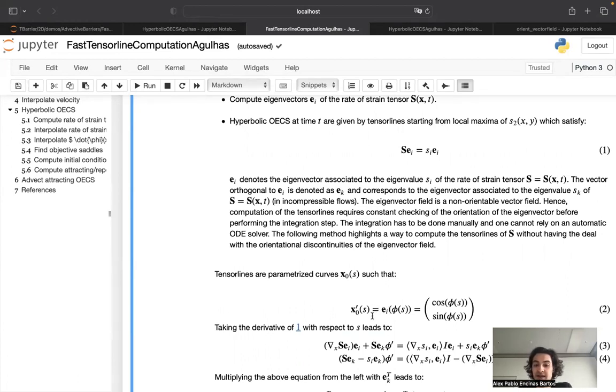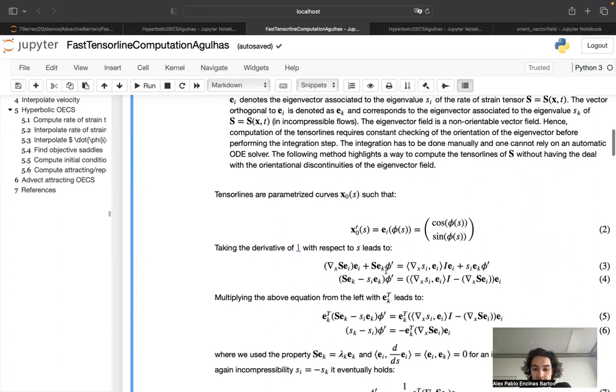And you parameterize this eigenvector through the angle. You can uniquely parameterize this eigenvector simply by specifying the angle with respect to a certain axis, right? So you plug this expression back into your eigenvalue problem, and then you differentiate this eigenvalue problem with respect to the parameter s.